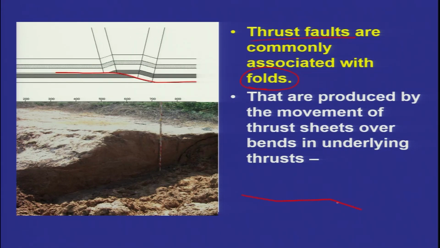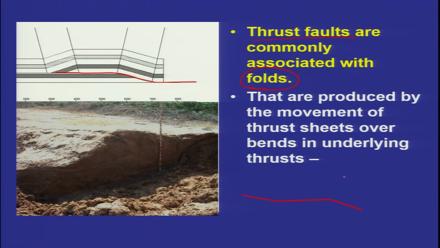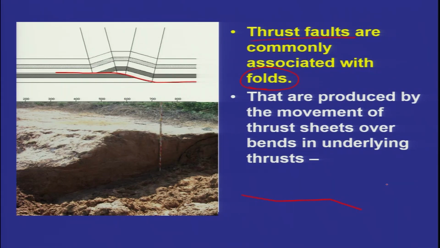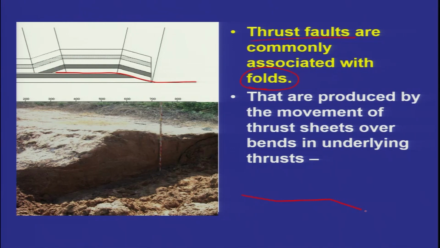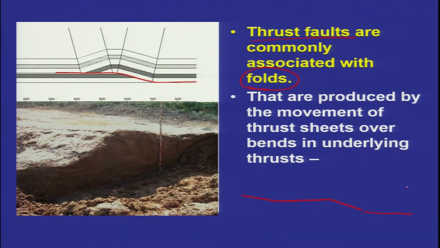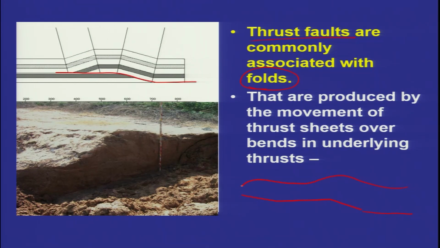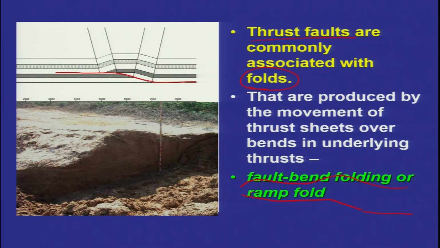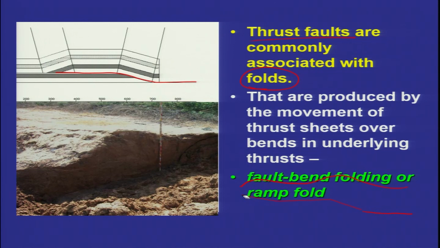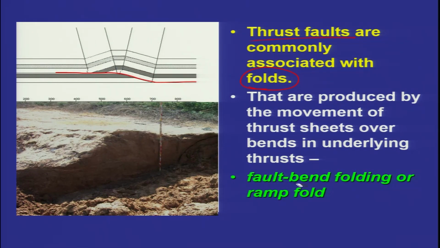So what we see is, when you have the ramp here, definitely it must be subsurface, it must be something like that. Then you come to a flat and then again it gets something like that. So this is termed fault bend folding.